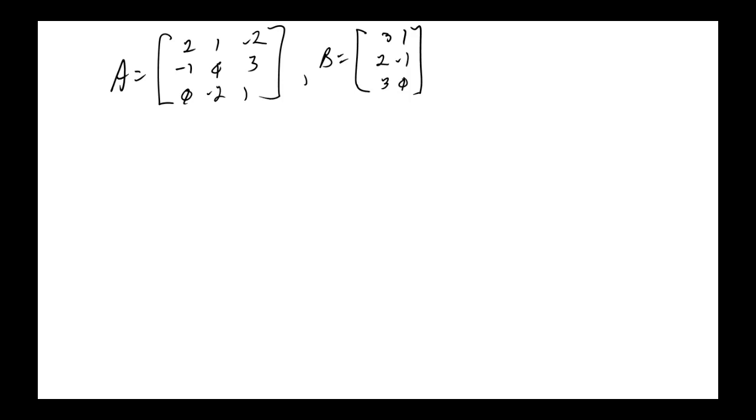But we'll see. So first thing we're going to do is AB. What size is A? And B is? So AB is going to be 3 by 2.